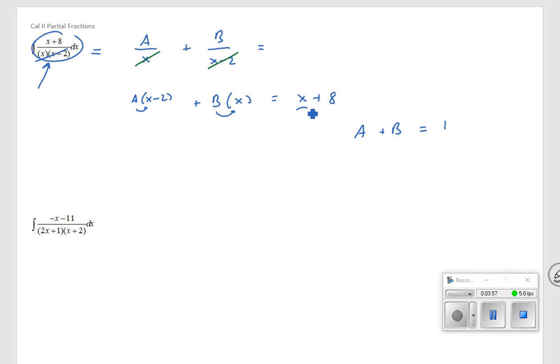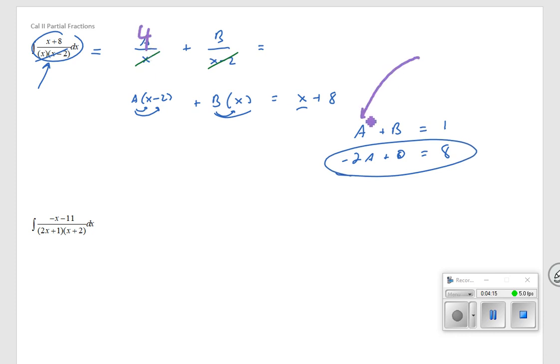My constants are negative 2a, 0 equals 8. Well, this one's easy. A is 4. And if a is 4, then b is negative 3.